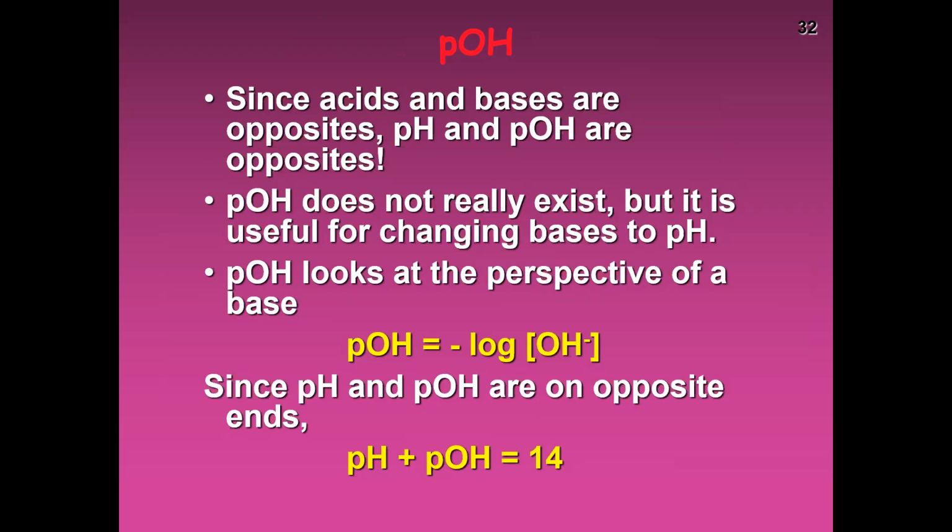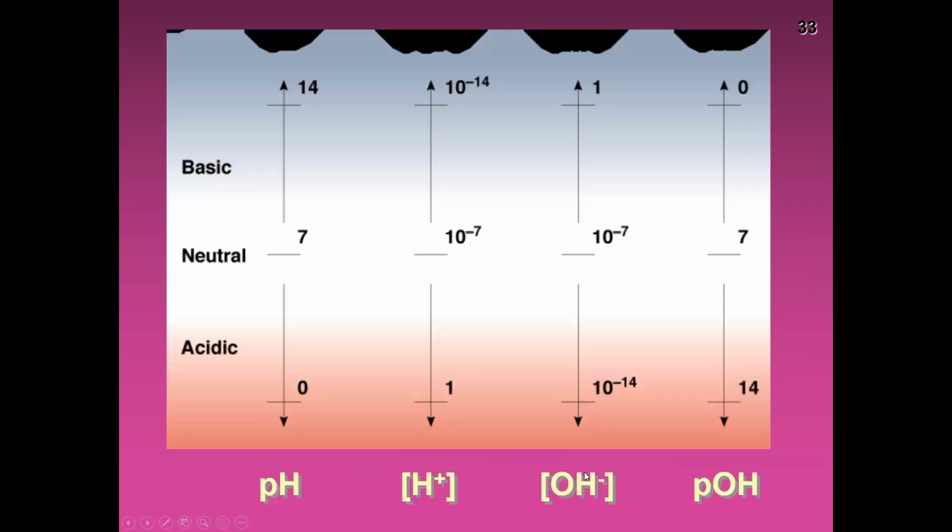And as you know, that is equal to 1 times 10 to the negative 14 anyway. So by adding the pH and pOH, which in this case would be 7 and 7, that gives you 14. Or if you had an acid with a pOH of 3, then the pH would be 11, and so on and so forth.